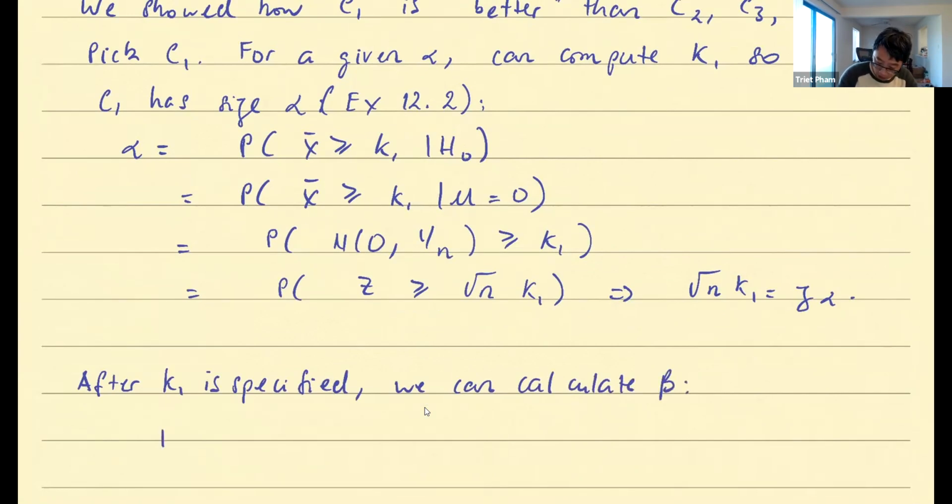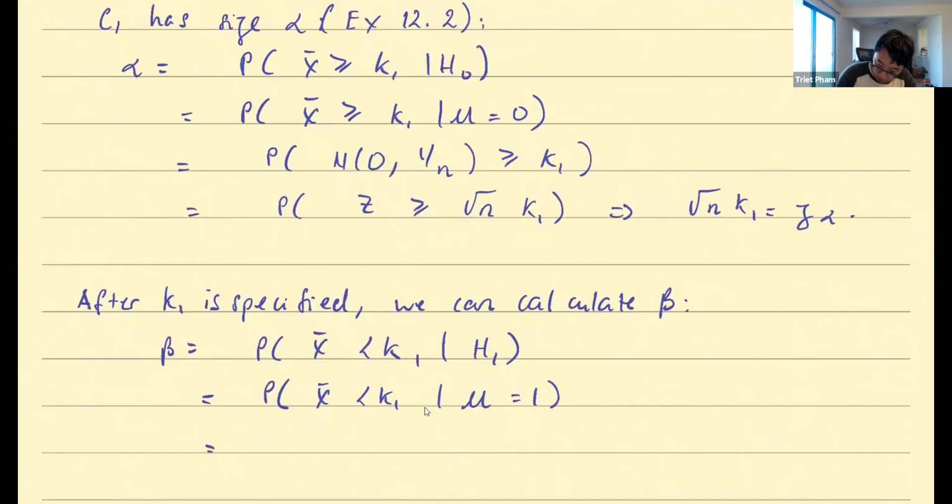Okay, and beta would be the probability of the opposite under the alternative. That's again the abstract definition. And again, because now the alternative is completely specified, we can plug that in. And now we can plug in this value.